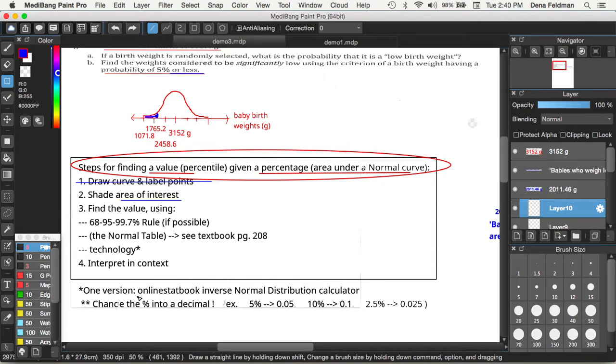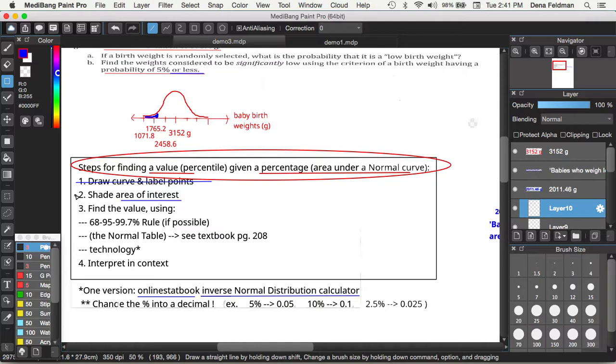The technology I'm going to use is, you can see it's still by Online Statbook. Instead of just a normal distribution calculator, we used a normal distribution calculator for part A. Here there is something called the inverse normal distribution calculator that we'll be using.